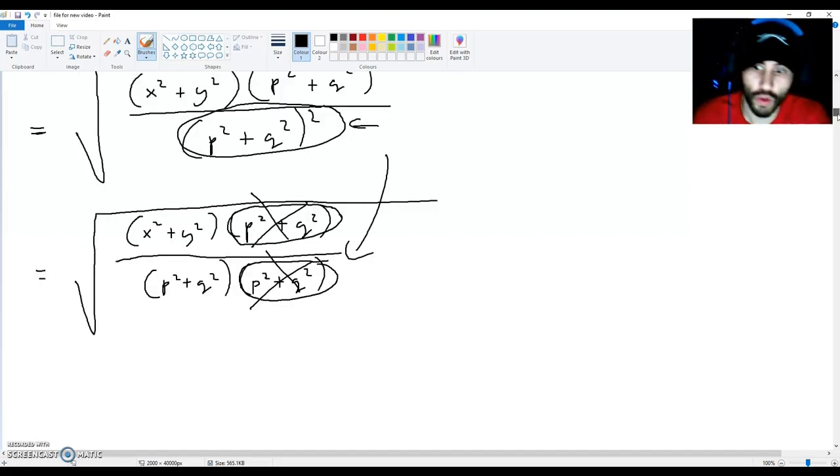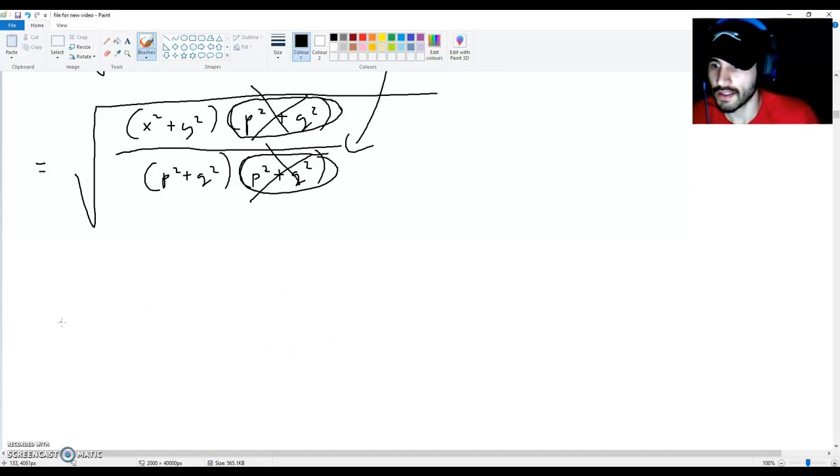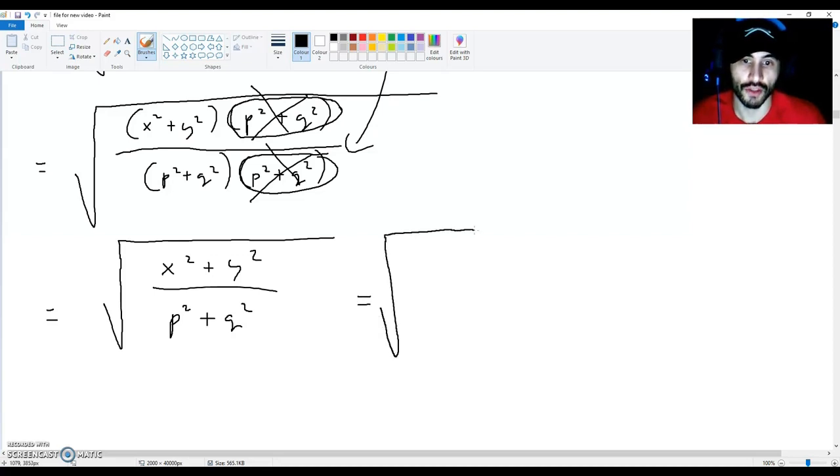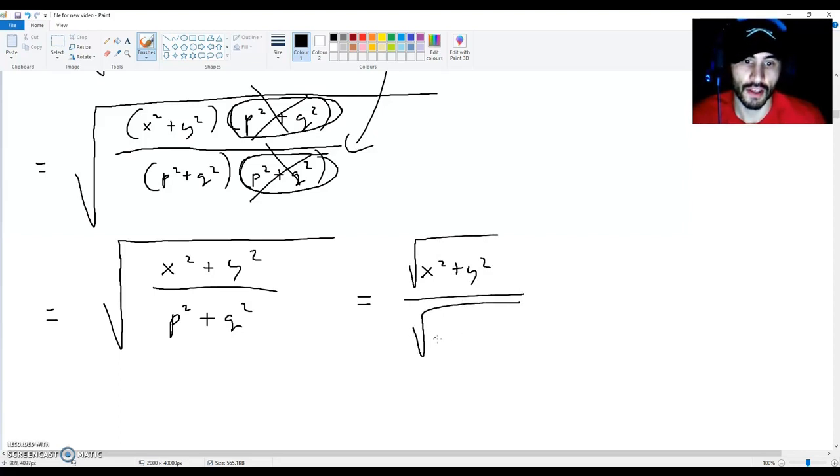And what we're left with is root of (x squared plus y squared) over (p squared plus q squared). And this can be transformed into root of (x squared plus y squared) over root of (p squared plus q squared), thanks to simple algebraic rules.